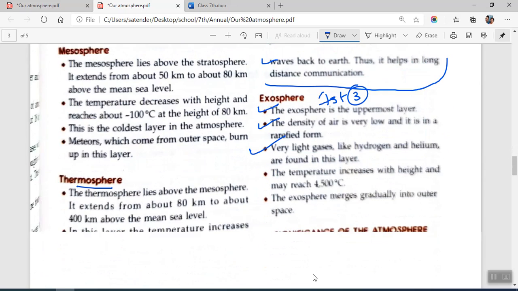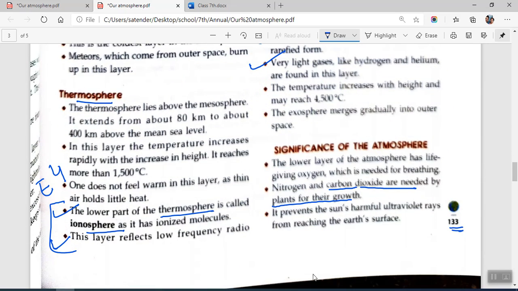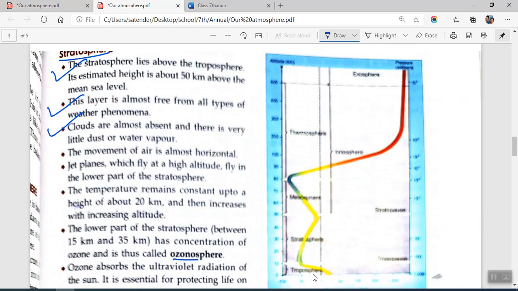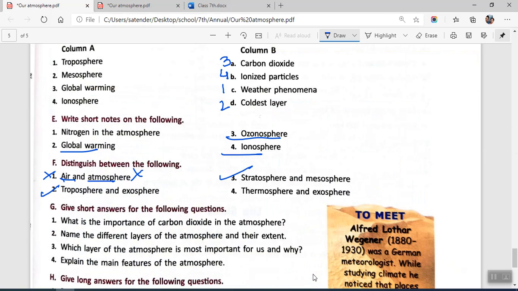First 3 points, and then in mesosphere, you'll be writing this point, temperature, this point, and this point. You can write the shorter points in mesosphere. Okay, so we are done with stratosphere and mesosphere. Now moving on to fourth, thermosphere and exosphere.